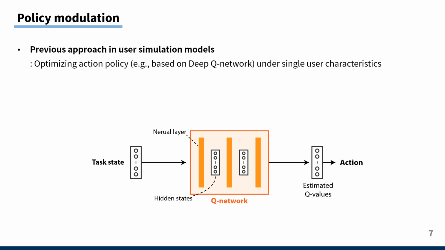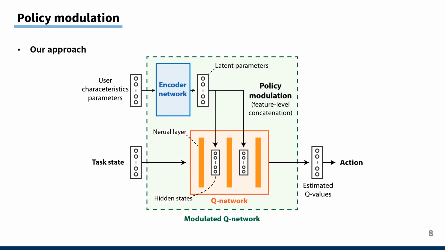For example, the action policy can be implemented by a deep Q-network which predicts the optimal action from a given task state. Until now, the mapping between the task state and actions was implemented for each different user characteristic. Our approach is to implement an action policy that can effectively modulate this mapping according to given user characteristics.